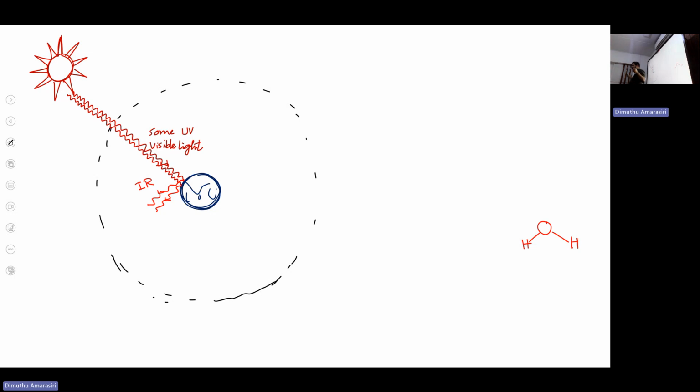And sometimes compress and stretch like this. This is kind of an asymmetrical stretch. Right? Compressing and stretching. And these two bonds have some very interesting vibrations also. They vibrate like this. Right?